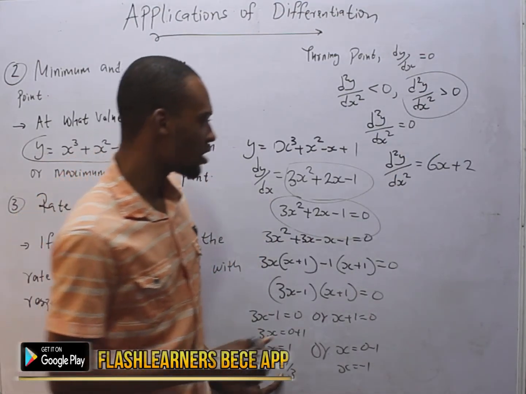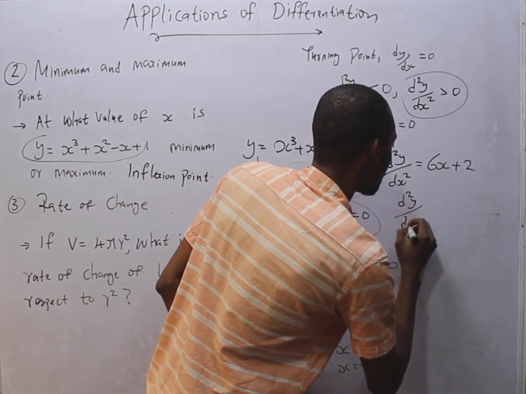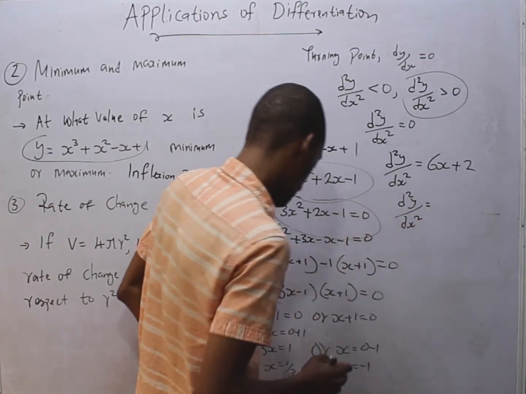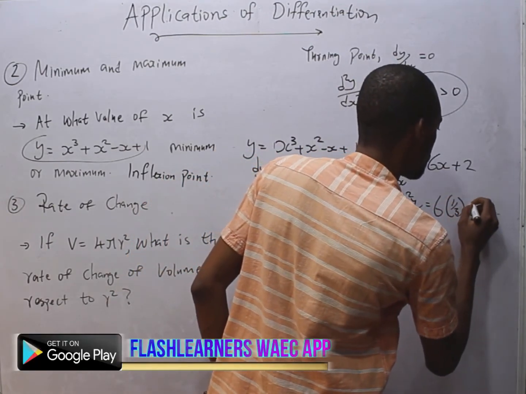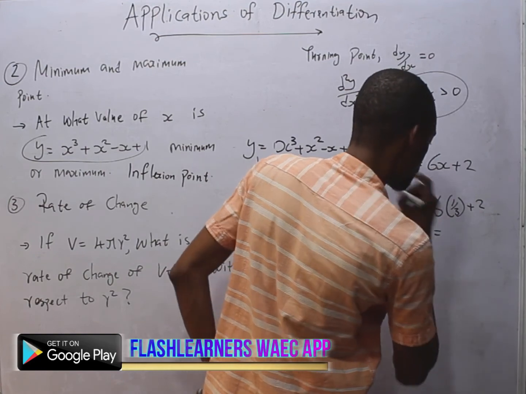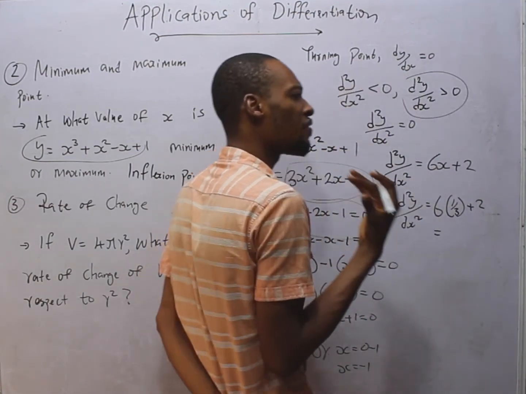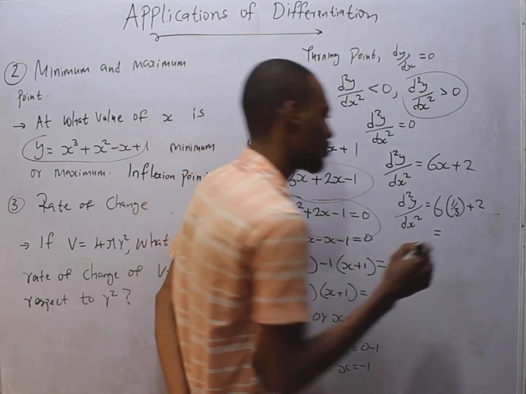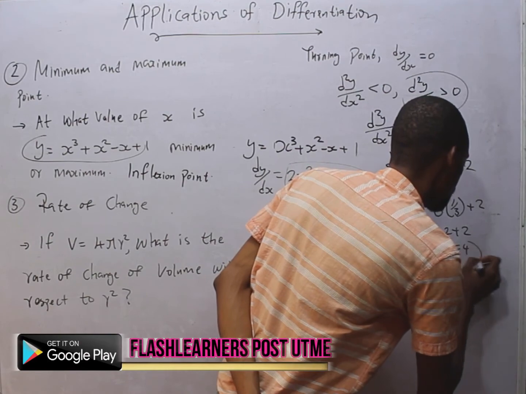Putting in 1 over 3, we have that d squared y over ds squared equals 6 times 1 over 3 plus 2. 6 times 1 over 3 is 6 divided by 3, that should be 2, right? So this is 2 plus 2 equals 4.